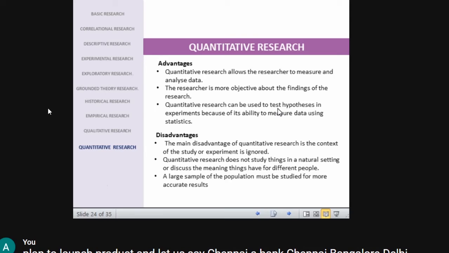If you are asking how many students are visiting the library, you are collecting the data. There are 10,000 students, and you are collecting the data for only one department. You are selecting only one department, and you are saying only 10% of the students visit the library. That is wrong, right?